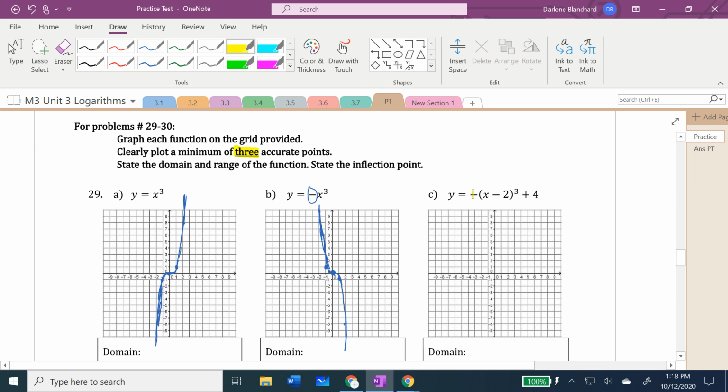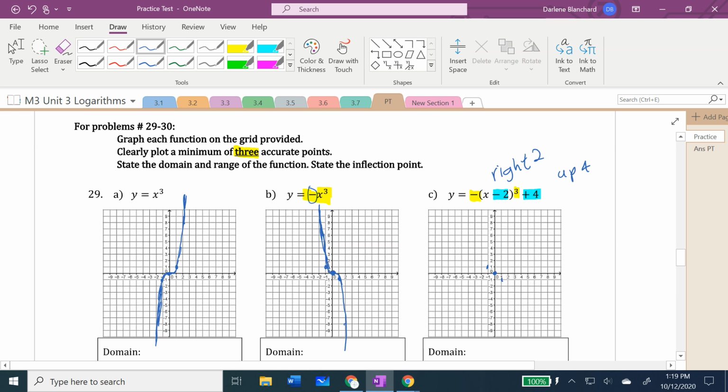And now finally, we have the negative x cubed, like we have in B, but the x has a 2 subtracted, and the function has a 4 added. That means we're going to take the points that we see, these 3 points, and we are going to move them right 2 and up 4.